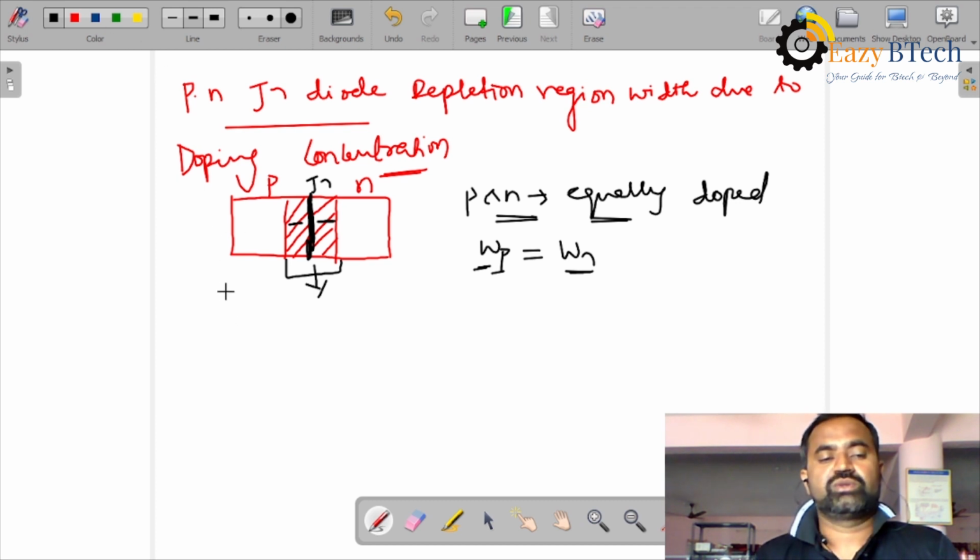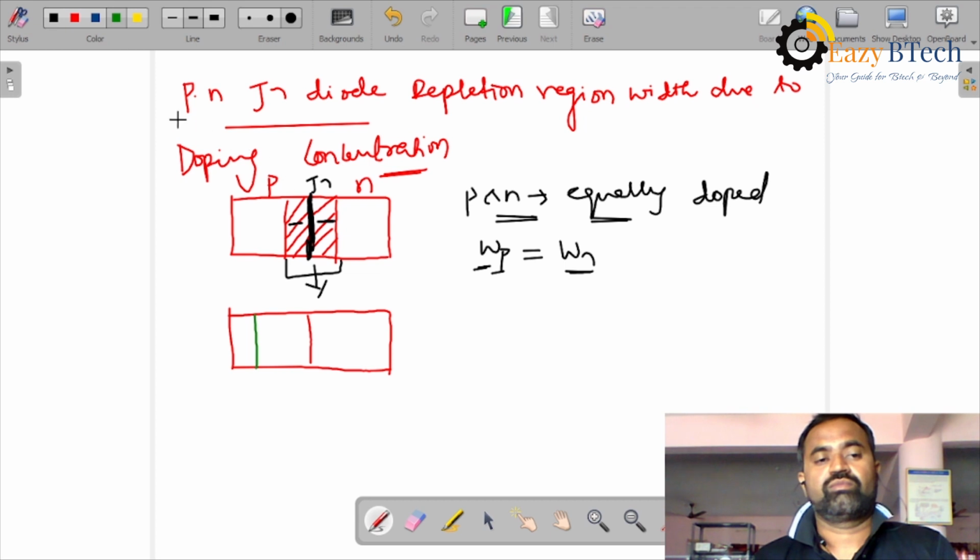Okay. Now suppose you take, in this case, now you can see this width is known as WP, this width is known as WN.